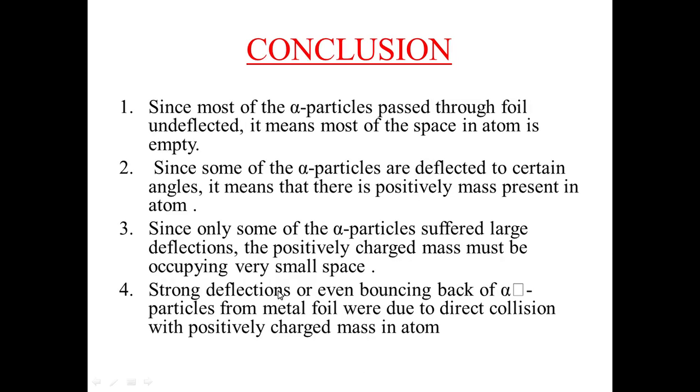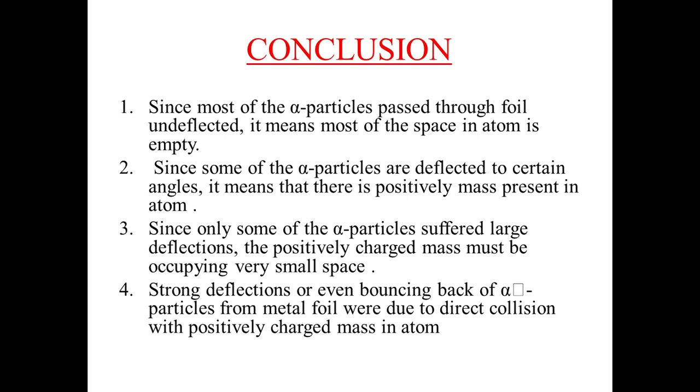So what conclusion was made through these observations? The first conclusion is that most of the space around the atom is empty, is vacant. So when alpha particles pass through this empty space, there is no deflection.